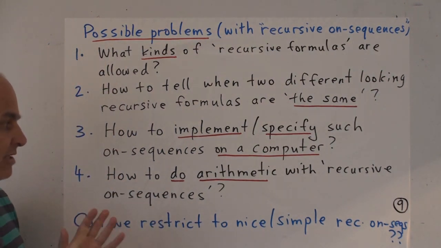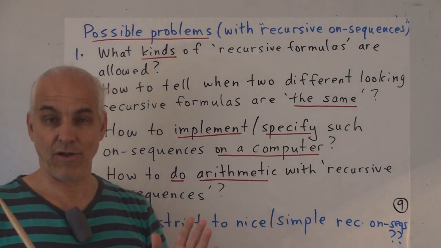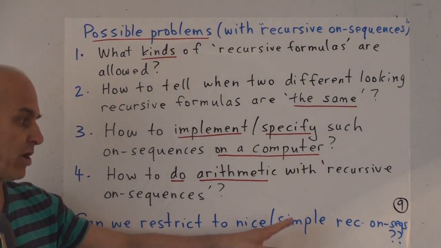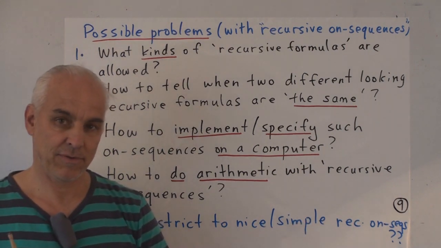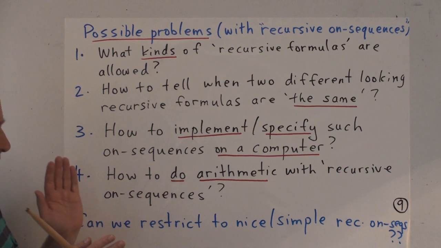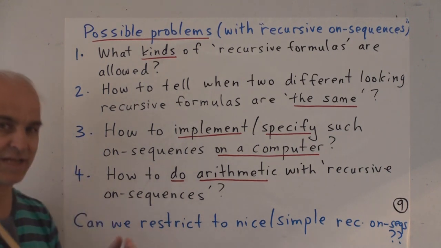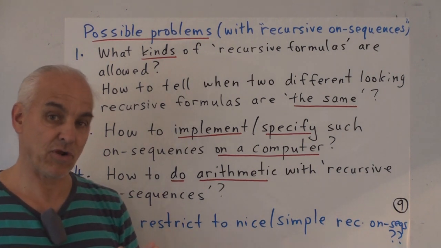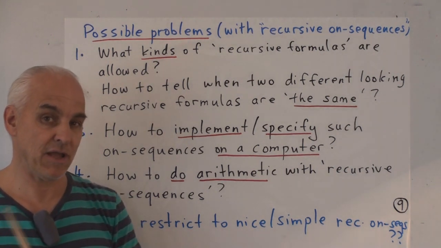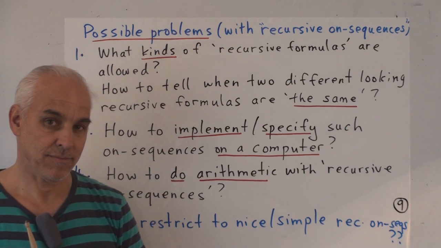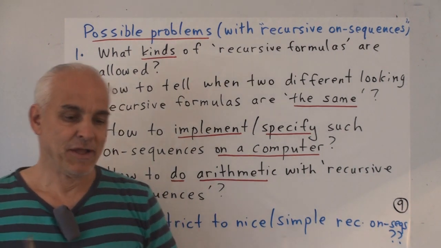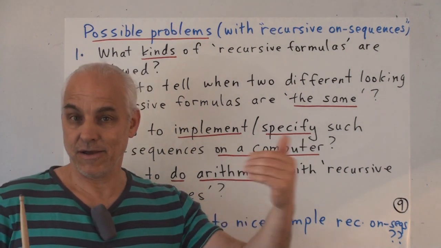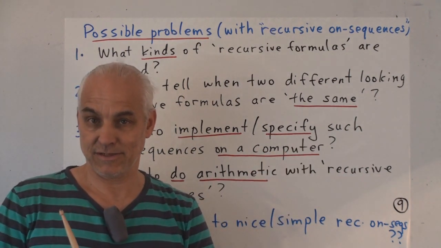And it might only be possible to answer it if we restrict ourselves to rather special or simple kinds of recursive sequences. So we might only be able to set up this theory by restricting ourselves to rather simple kinds of recursive formulas, at least to begin with. This is an example of the difference between this course and what you find out in the modern mathematical world these days.